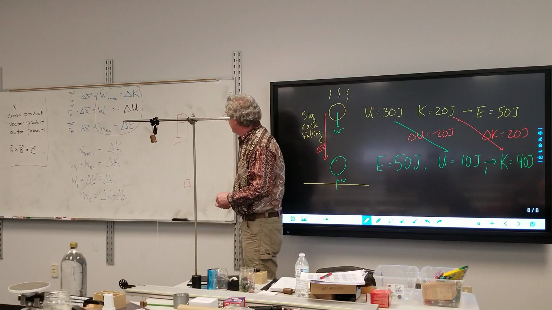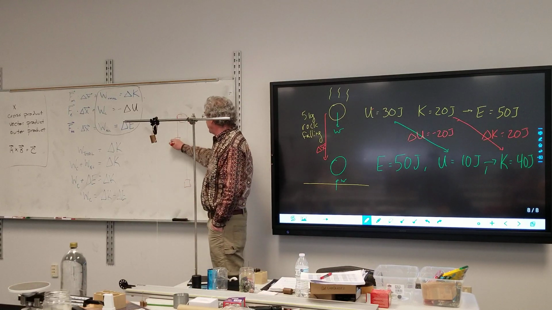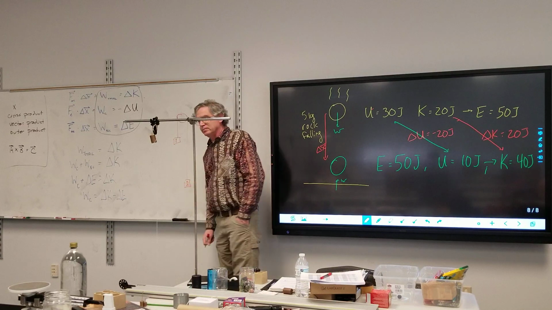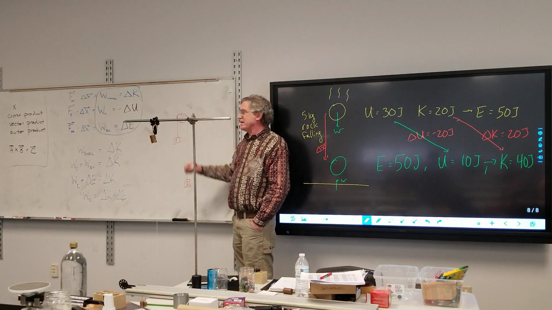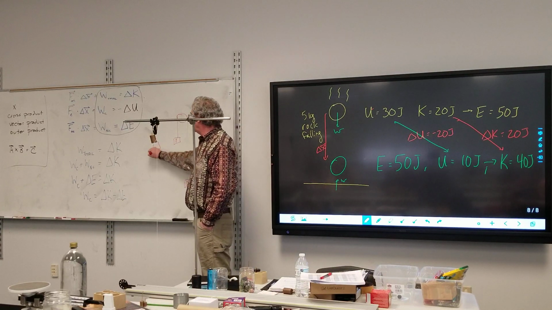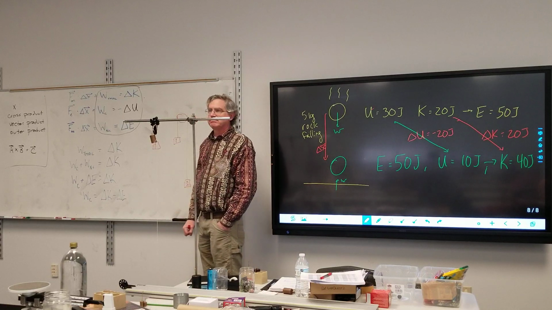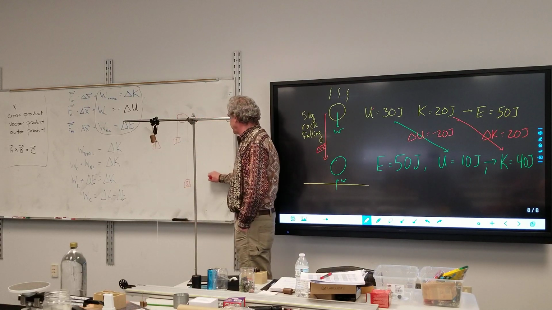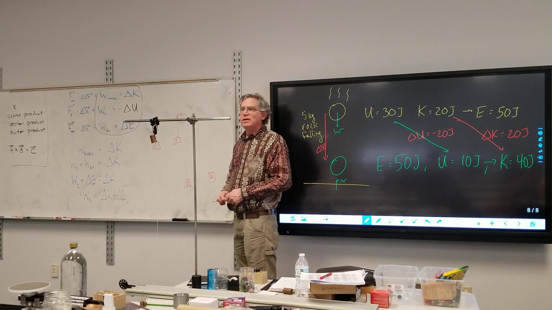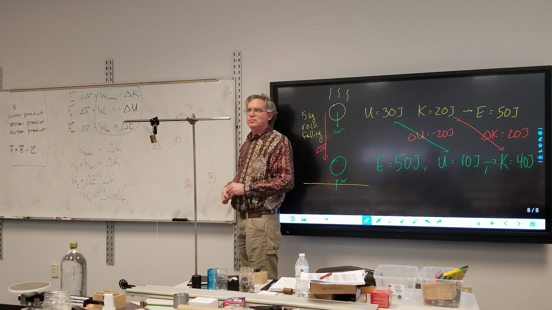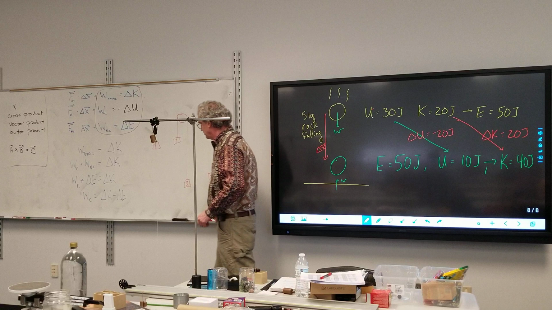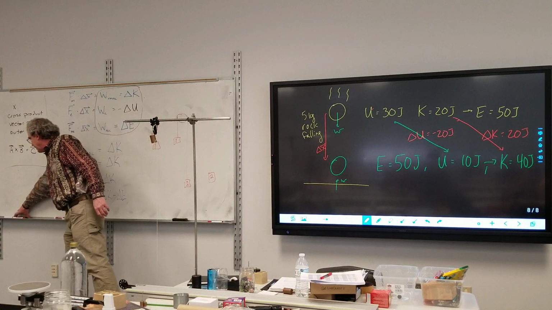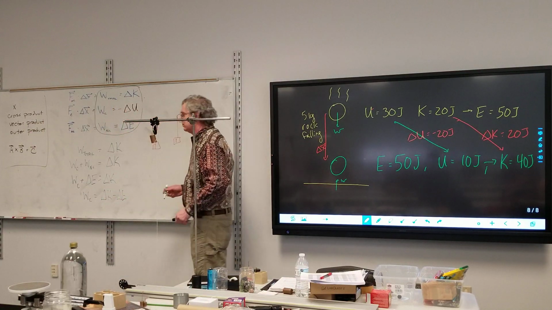All right, so we'll call this mass 1 and mass 2. What are the forces acting on mass 1? And then also, what are the forces acting on mass 2? Acting which way on mass 1? Up.